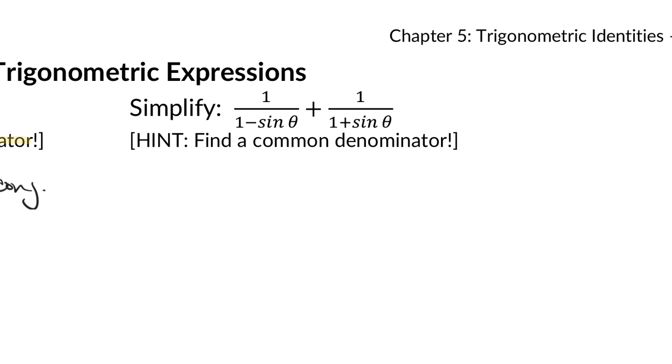What would be the common denominator if I took this and multiplied it by this? 1 minus sine of theta, 1 plus sine of theta with parentheses. So look, this is what I'm doing. This is a long step. We're going to have this denominator be 1 minus sine of theta, 1 plus sine of theta.